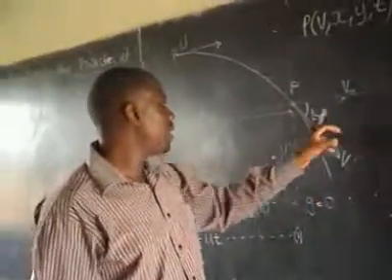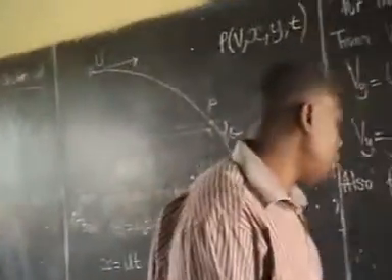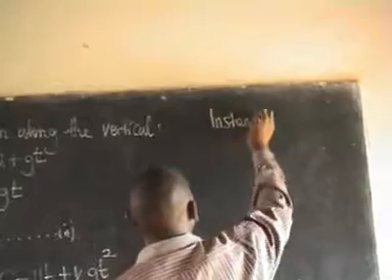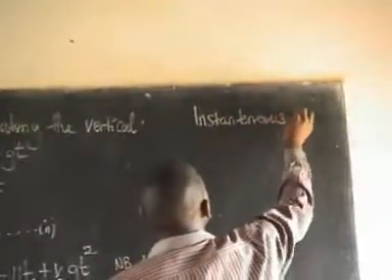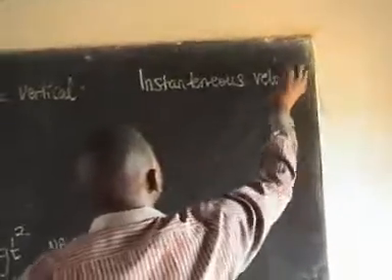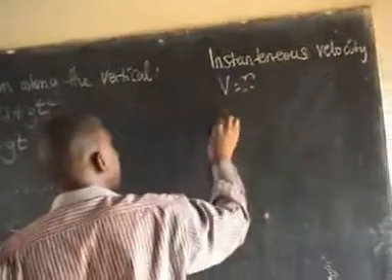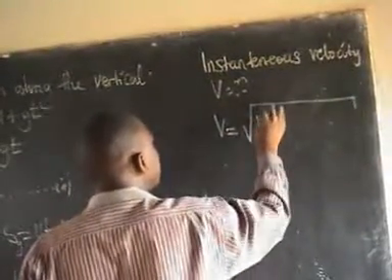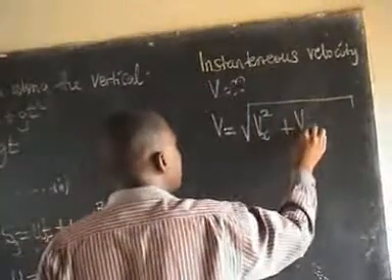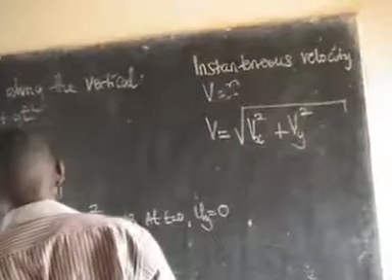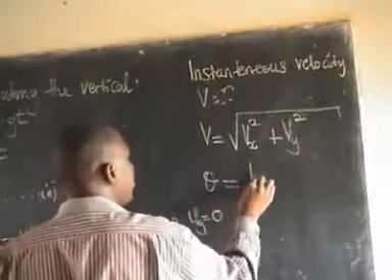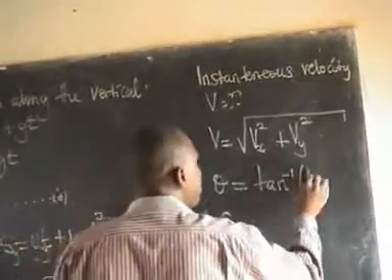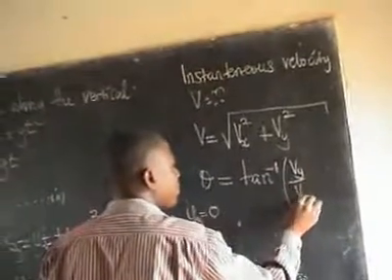With the Vx and Vy known, the instantaneous velocity V is given by the square root of Vx squared plus Vy squared, making an angle theta given by tan inverse of Vy divided by Vx.